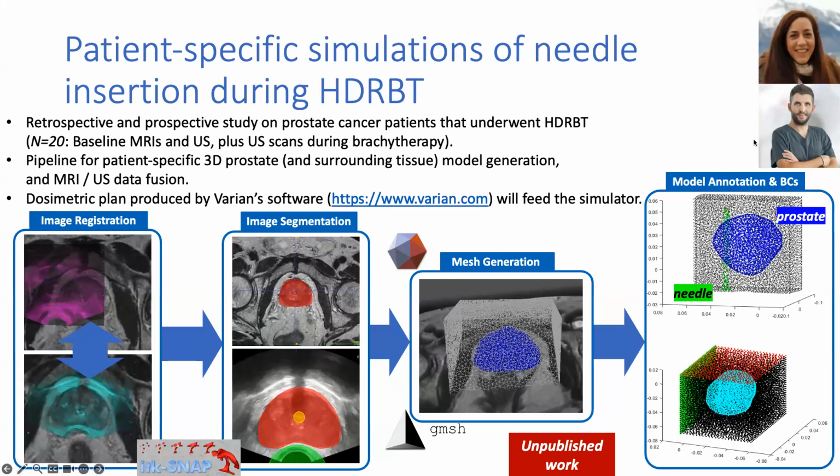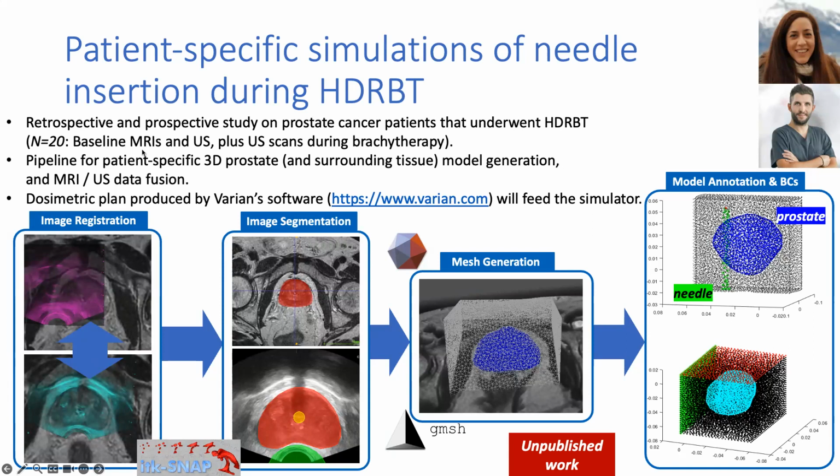So Mira has been leading this project as part of her fellowship, and she used retrospective data to build anatomically relevant 3D models of the prostate, as you can see on the blue plot. This is an overlay of the model on a slice of an MRI scan.